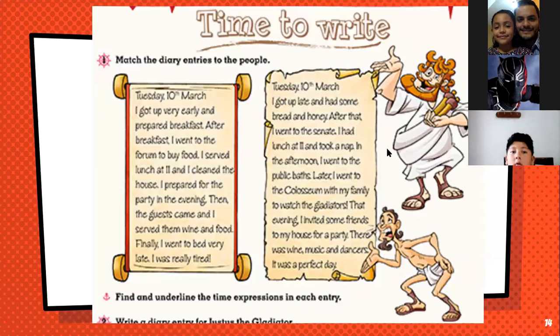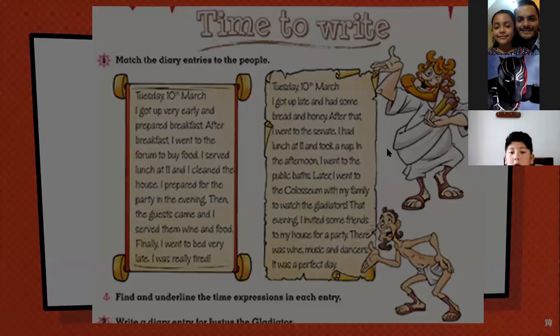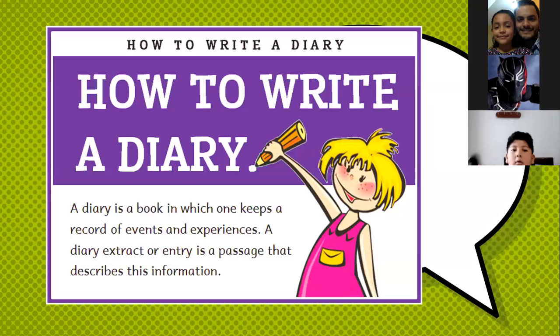Okay, now this part. A diary entry. How to write a diary? A diary is a book in which one keeps a record of events and experiences. For example, it could be my notebook, or maybe an agenda is possible.